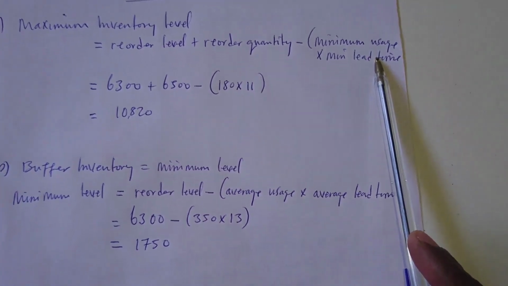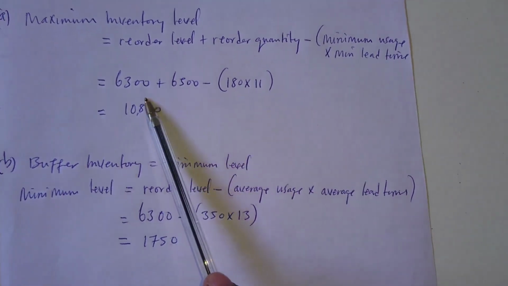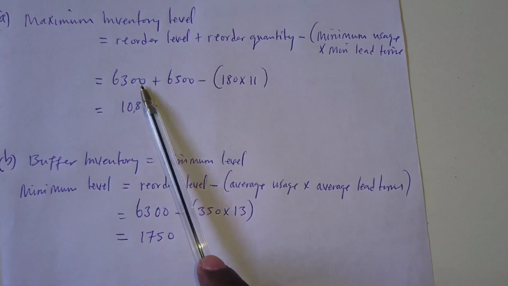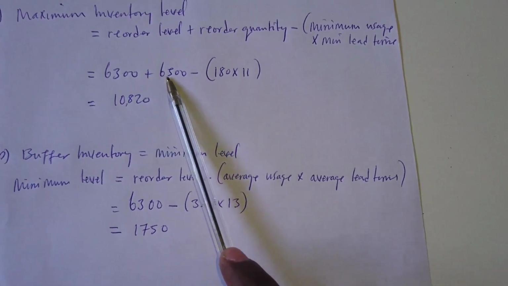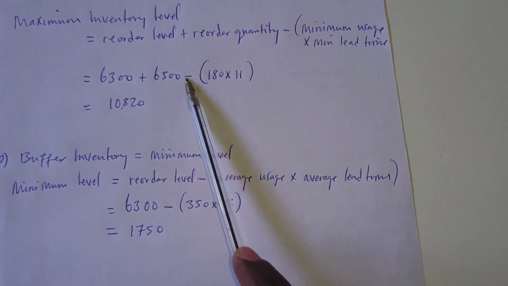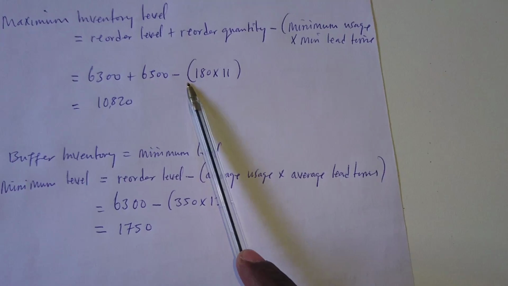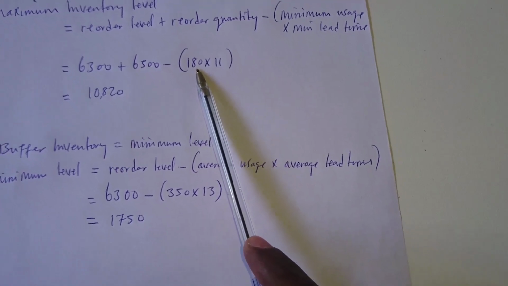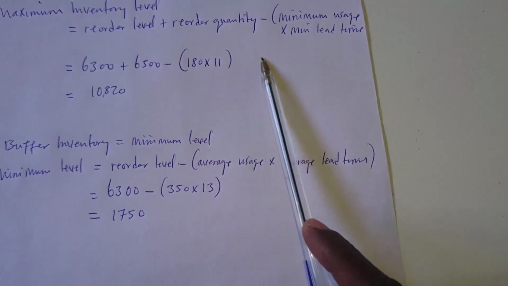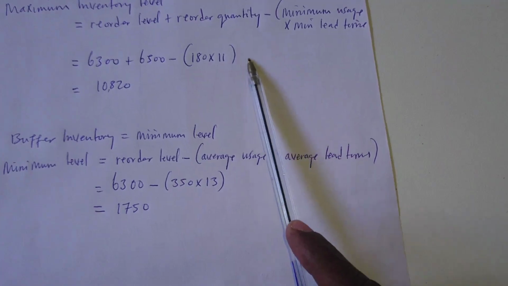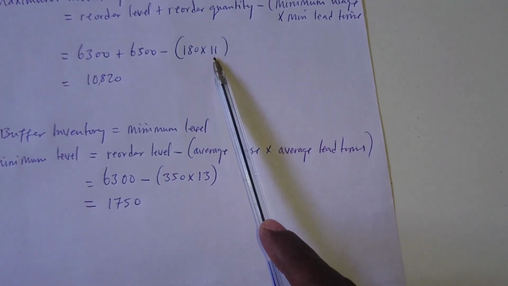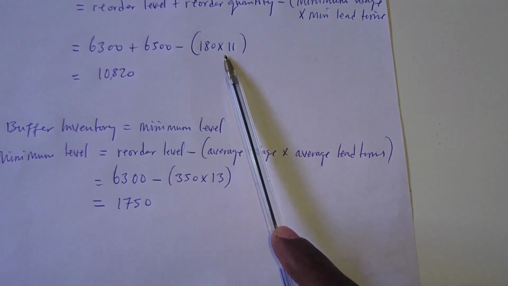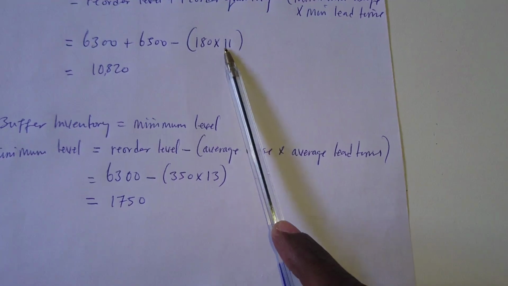Okay, so we have the reorder level quantity we've been given in the question, 6,300, plus the reorder quantity, which is 6,500. We are going to subtract the minimum usage in a day, which is 180, multiplied by the minimum lead time. Remember, the minimum lead time comes from the number of days it takes for an order to be received.